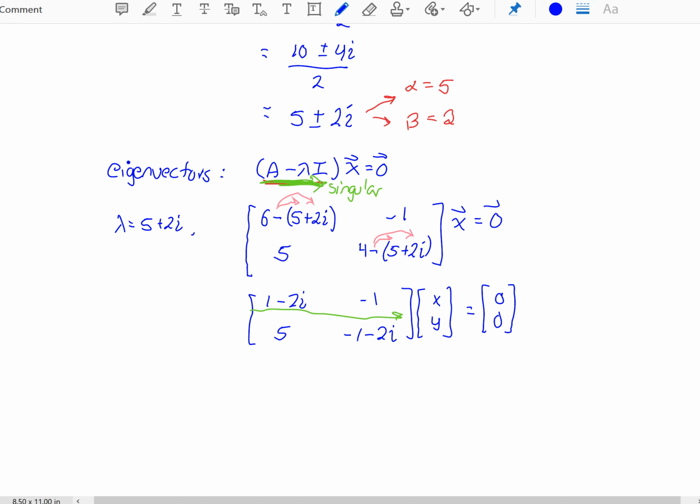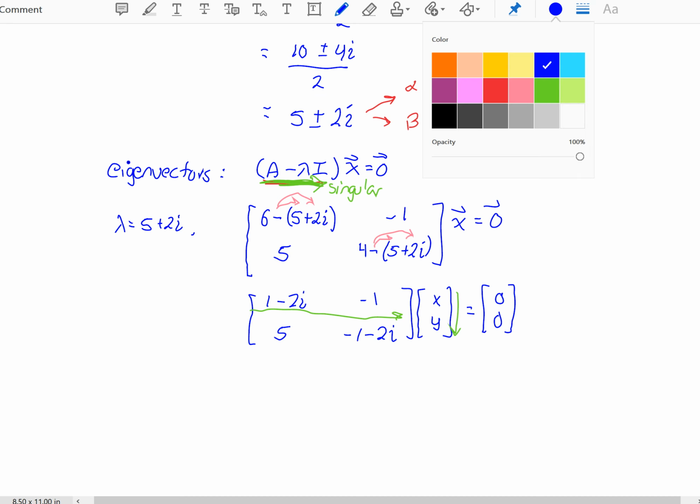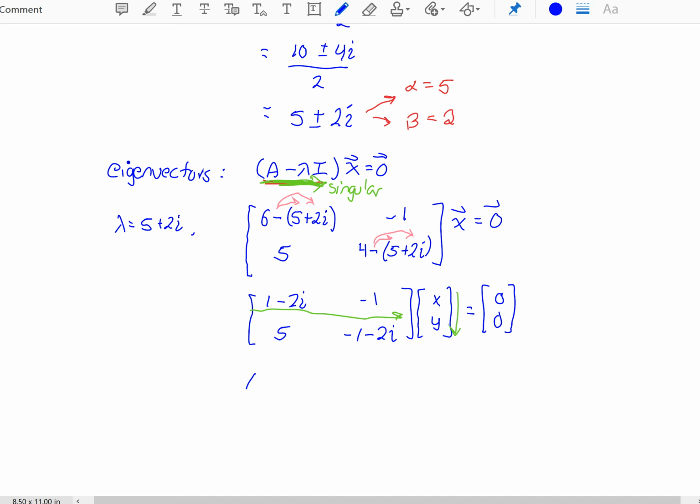So looking at the first row times that column x, y, we'll have 1 minus 2i times the x component of our vector minus 1 times y has to equal 0.